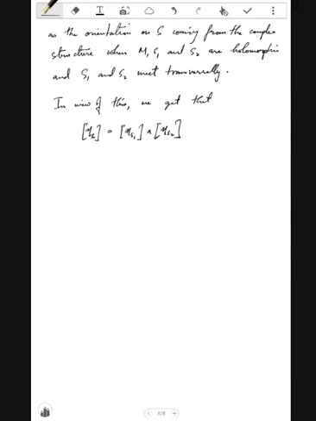So with this preparation, we are ready to come back to what we started with, which is that we want to find out the ring structure on the cohomology of projective space.